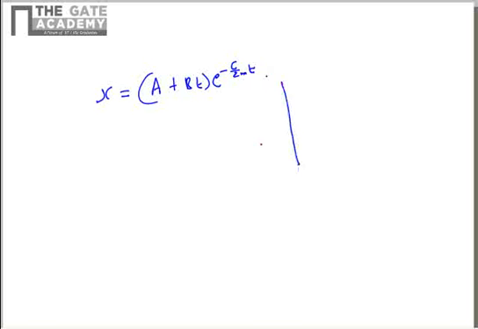How does the motion look? If you substitute the initial condition, you will see that the motion depends on the initial condition. Let's say this is the initial displacement x0, and you have an initial velocity x dash 0. Those are your initial conditions from which you determine the equation of motion even for the free vibration.